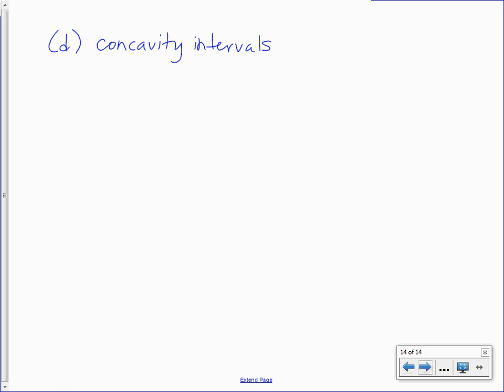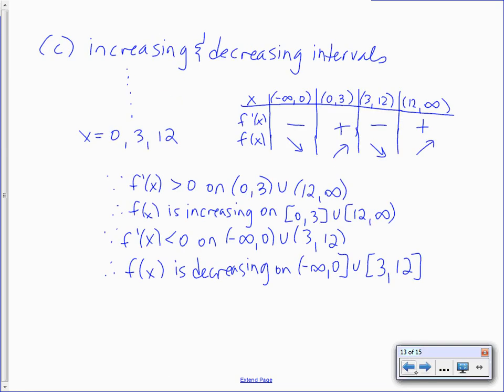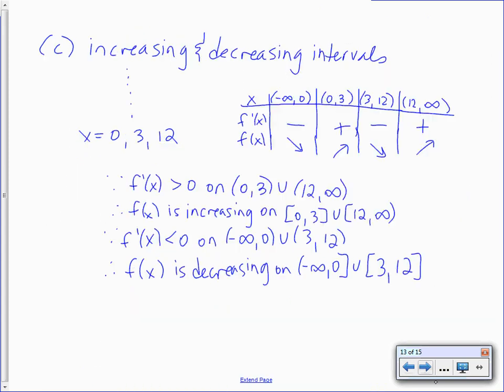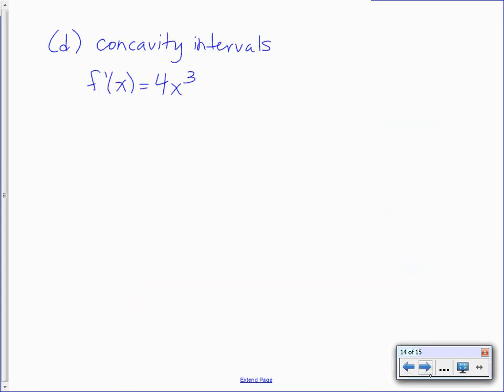But before you can find the second derivative, you need the first derivative. 4x cubed. What was it, guys? 4x cubed minus 60x squared plus 144x, right? So let's take the derivative of this.